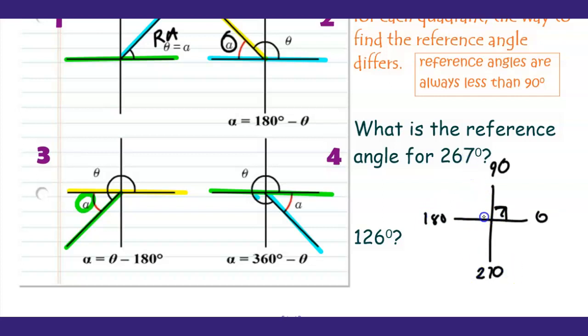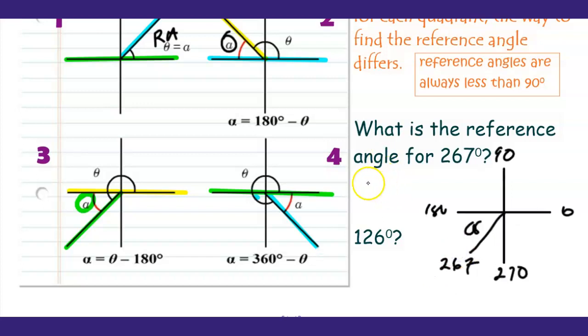So 267 would be between 180 and 270, over there. Now I just need to find this reference angle right here. What we're going to do is 267 minus 180, and when we do that, we get 87 degrees.